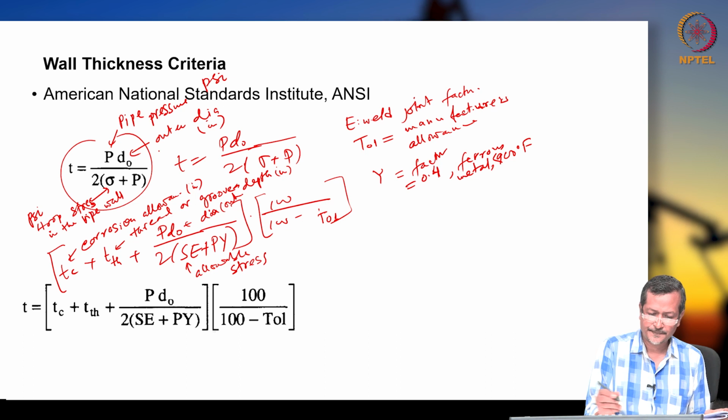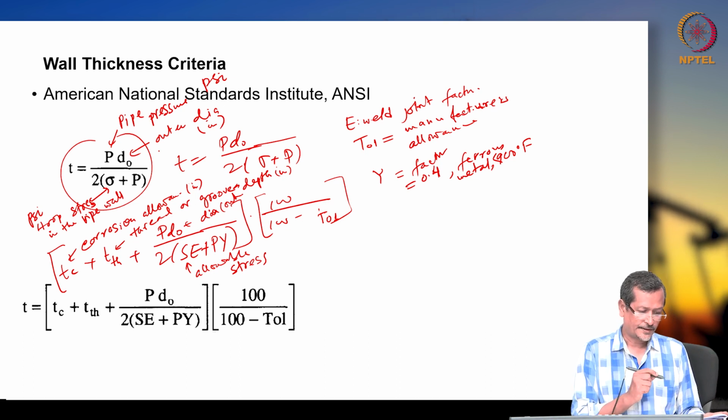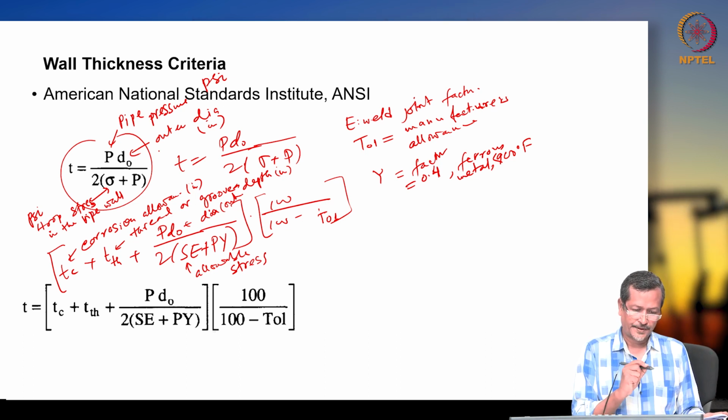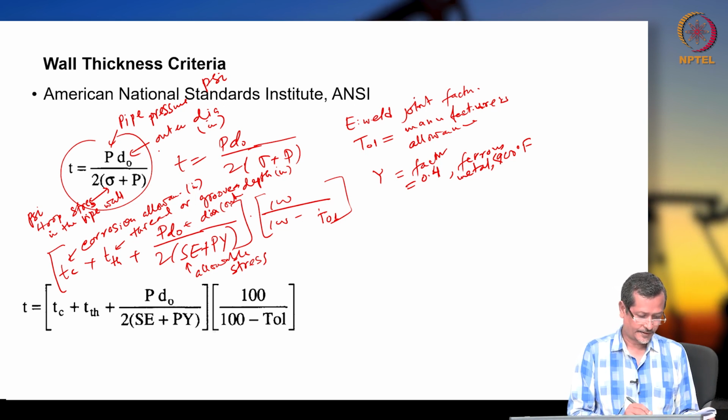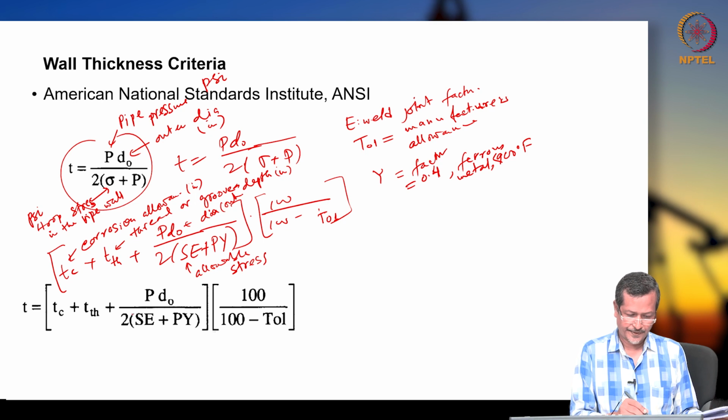What other terms are there? P is already the pipe pressure, fine. TH, TC, and PDO, okay.